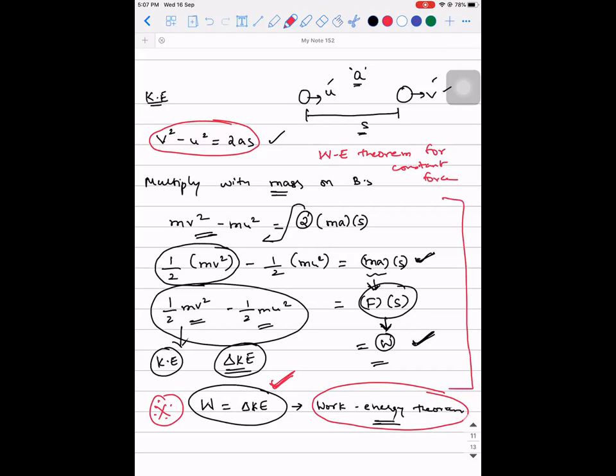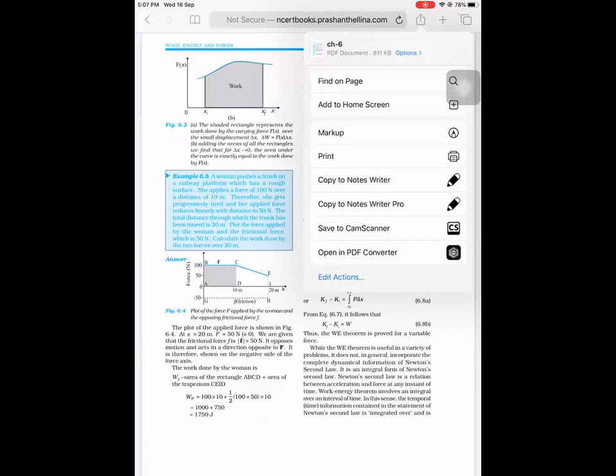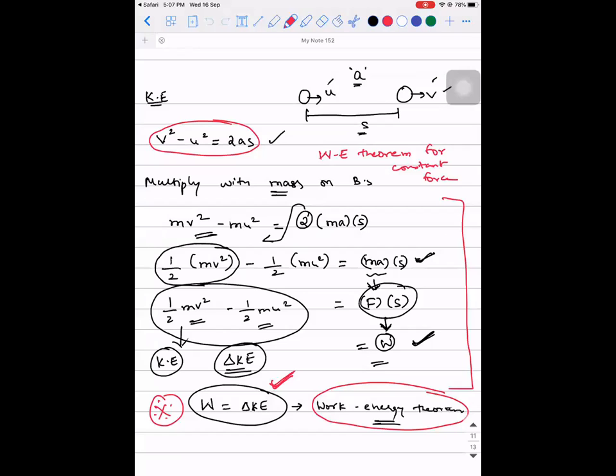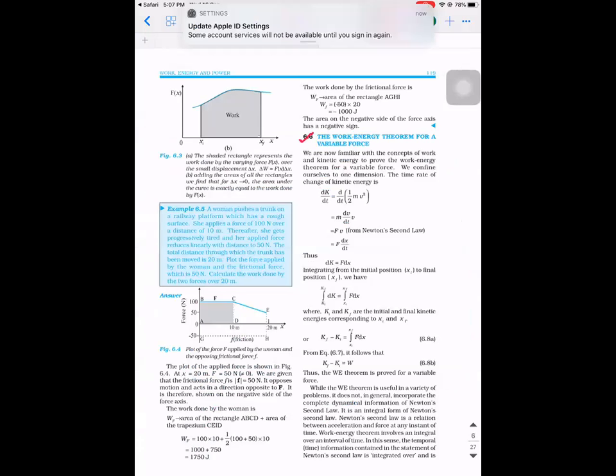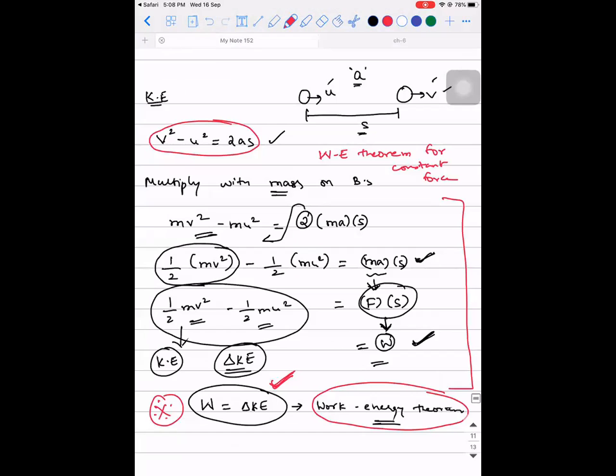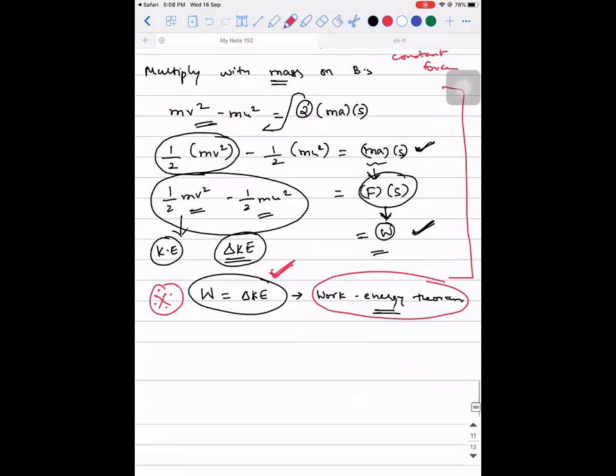The other way of asking the question is, they will ask you to derive the work energy theorem for a variable force. Then these are the steps to be followed. So write down the heading as work energy theorem for variable force.